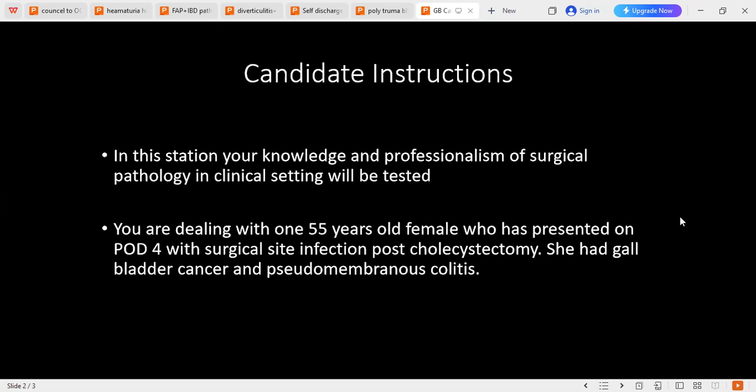If you have read and understood the surgical pathology station, please tell me. You've read the stem, so please tell me what would you answer to the patient?